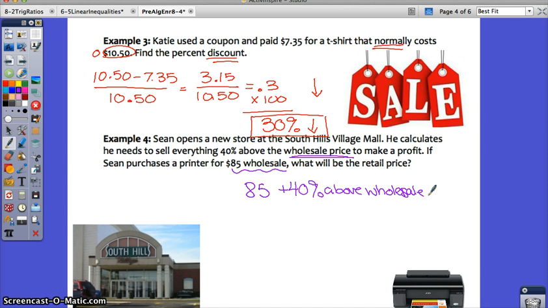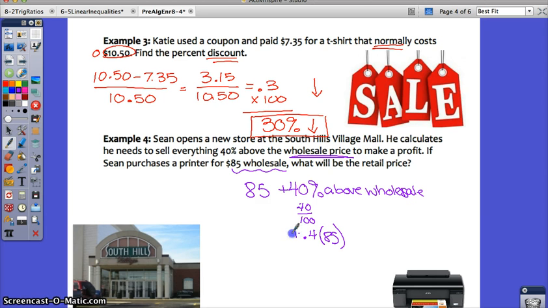Remember in 8.1 to 8.3, if you're finding a percent of a number, you can multiply. 40% is 40 out of 100, or it's the decimal 0.4, right? So 40% of the wholesale would be 0.4 times 85.